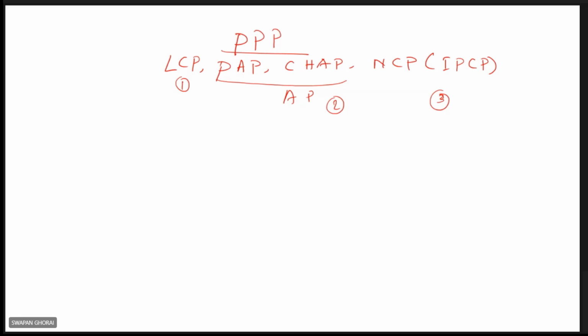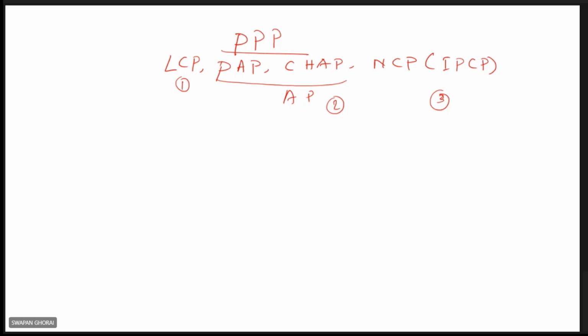The system can acknowledge it by sending an authentication acknowledgement frame, which is positive, or a negative acknowledgement, NAK. So this is the PAP protocol. It is basically a two-step process: in the first step, the username and password are sent by the user, and in the second step, the system checks the validity of the identity of the user.